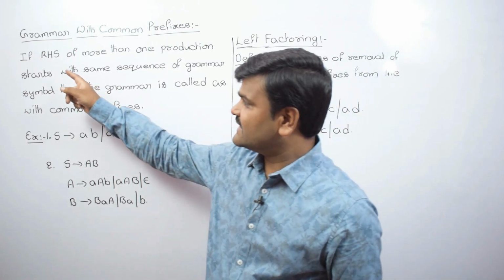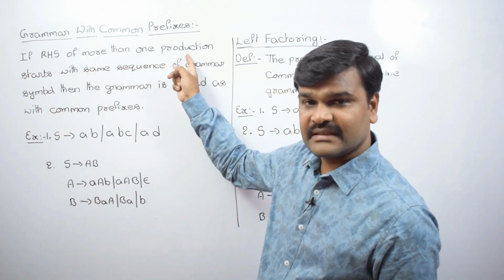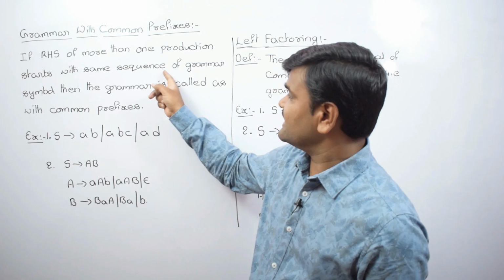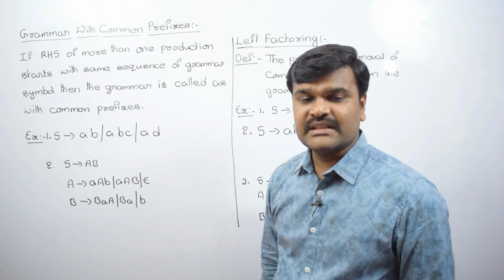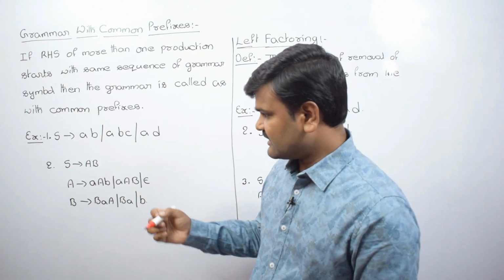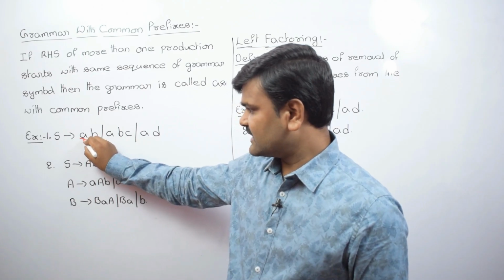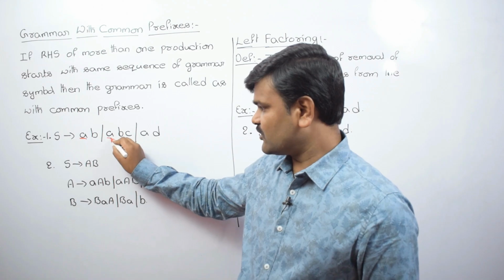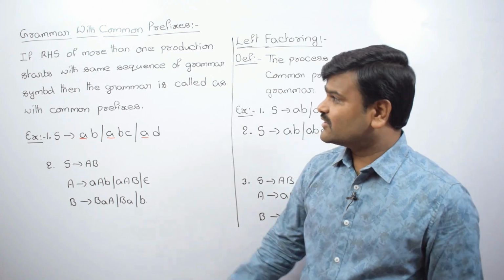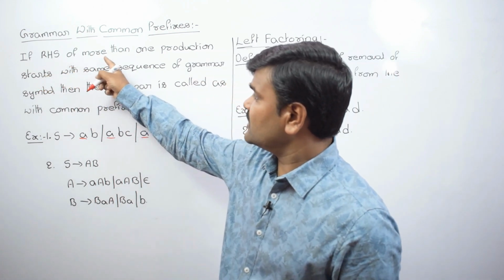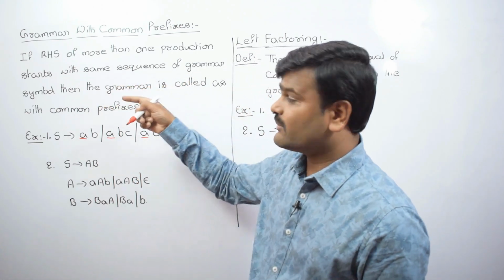The definition is: if the RHS of more than one production starts with the same sequence of grammar symbols, then that grammar is called a grammar with common prefixes. Here in this example, you see this production starting with A, this production starting with A, and this production is also starting with A. So that is the RHS of more than one production starting with the same sequence of grammar symbols.